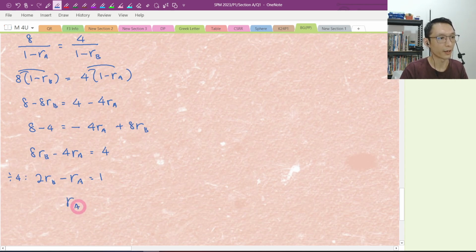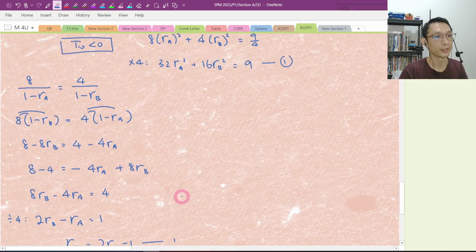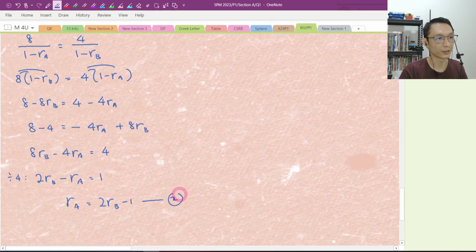So RA is equal to 2RB minus 1. Let this one be the second equation.